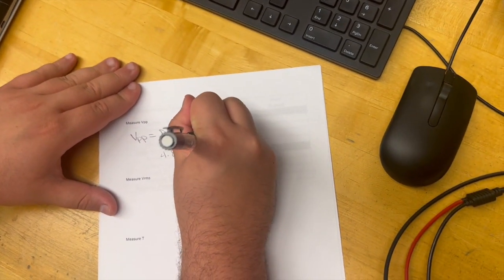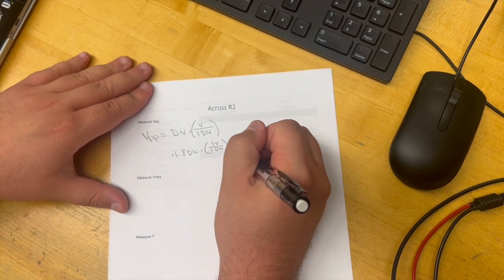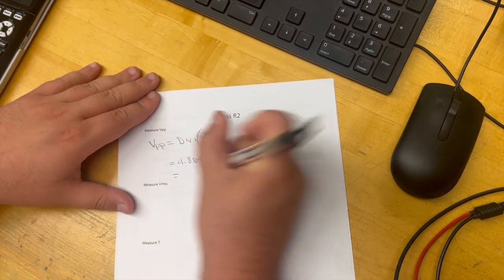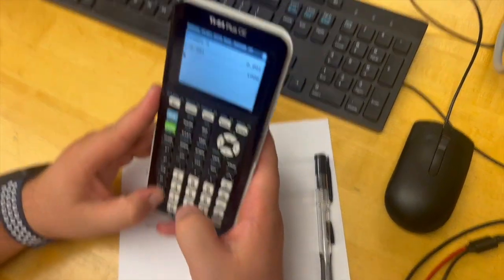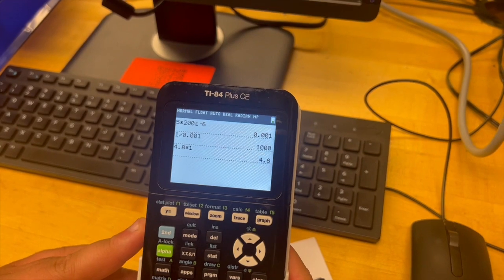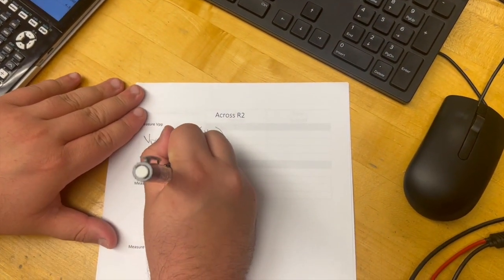We'll put 1V over 1 div. Okay, so we're gonna cancel out this unit of measurement, and then plug it right into our calculator again, just out of habit, just to make sure. We're gonna put 4.8 times 1, get 4.8 volts peak to peak.